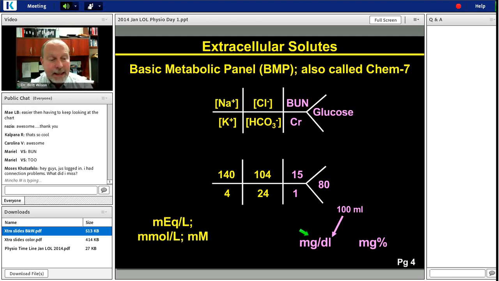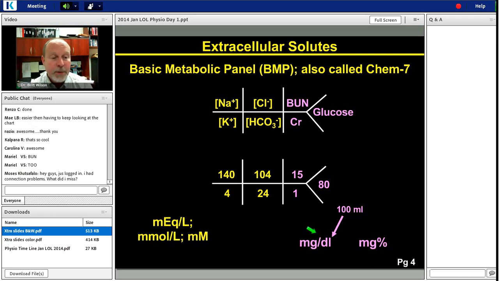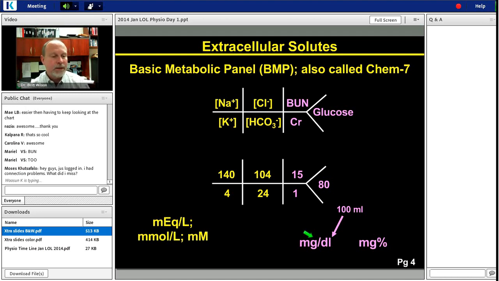Patient X has a glucose of 80 milligram percent. 80 milligram percent and milligram per deciliter mean the same thing. Percent is per 100. So if they say 80 milligram percent, it's the same as 80 milligrams per deciliter. All is good.